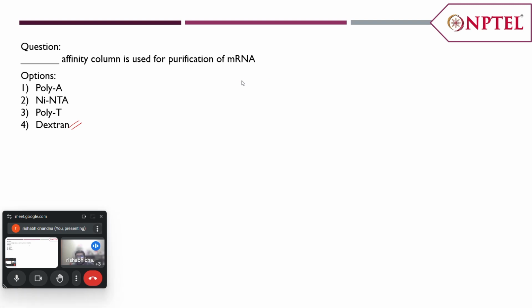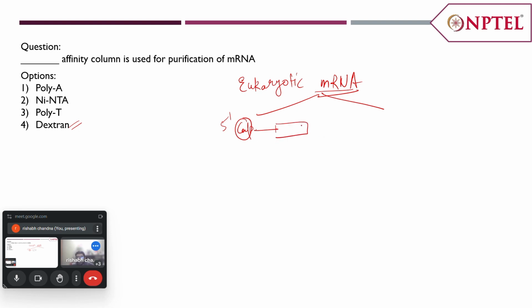So, a eukaryotic mRNA has the following components. Okay, so it has a 5 prime cap, that is a G cap, followed by the ribosome binding site, the exon sequence, okay, the continuous exon sequence, the poly A tail.